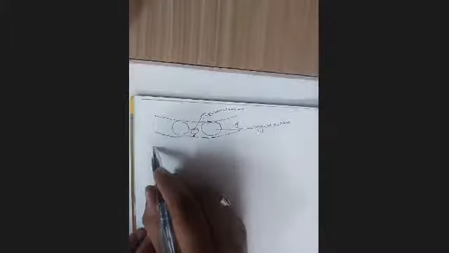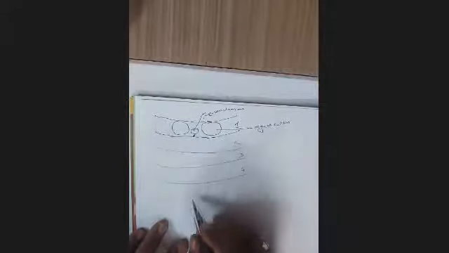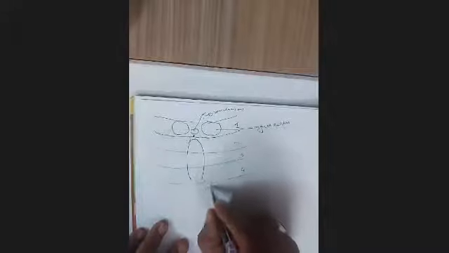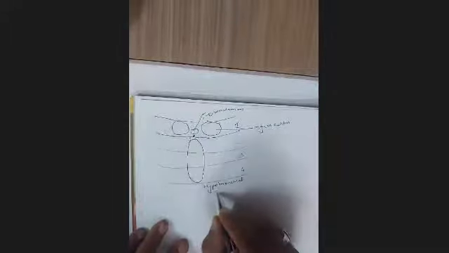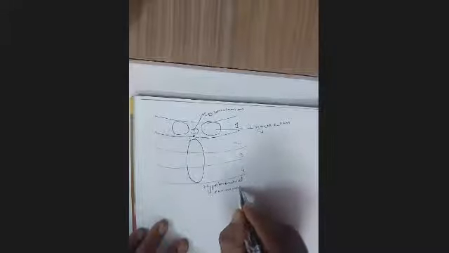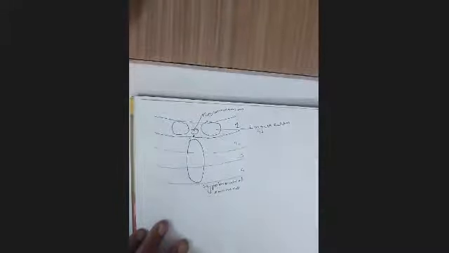Okay. Now then there is the second arch, there is the third arch, and there is the fourth arch. From the second, third, and fourth arch develops a structure called the hypobranchial eminence.